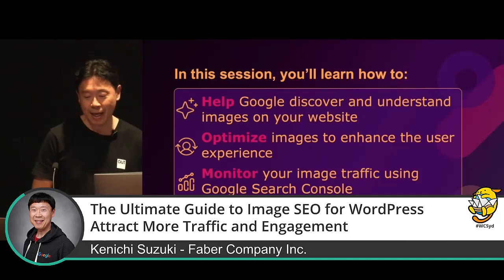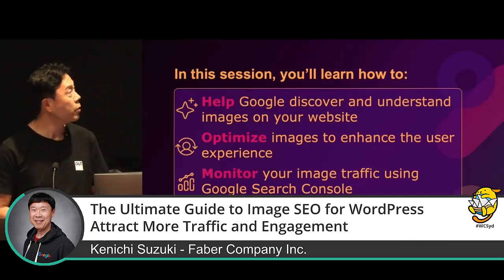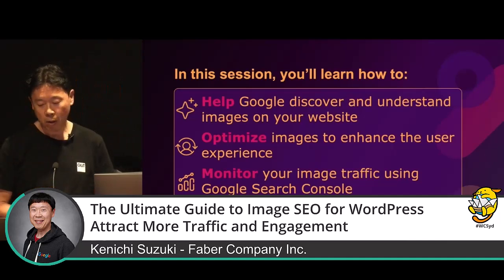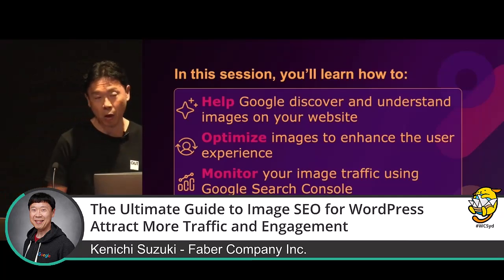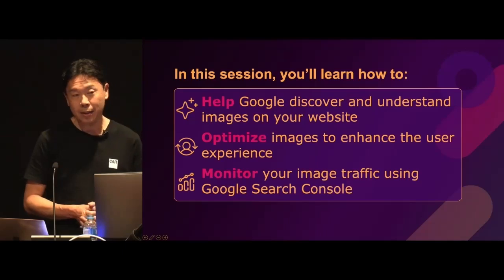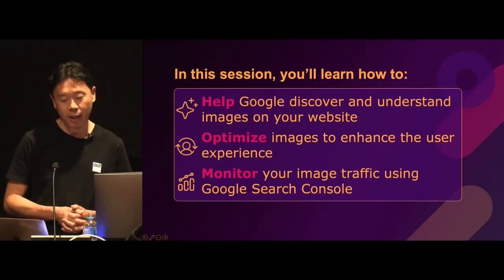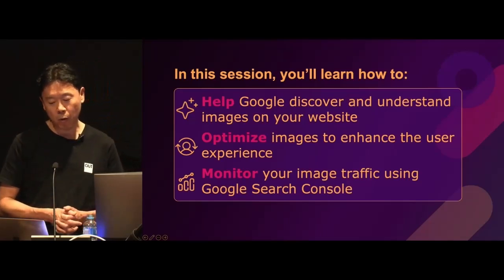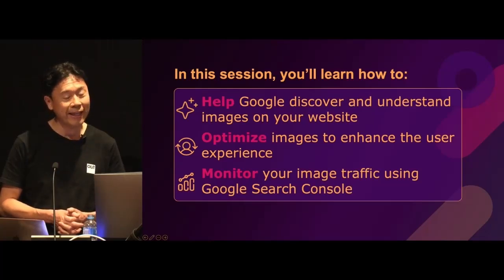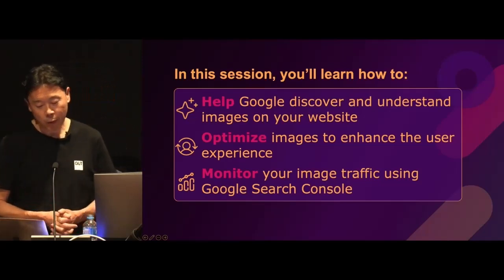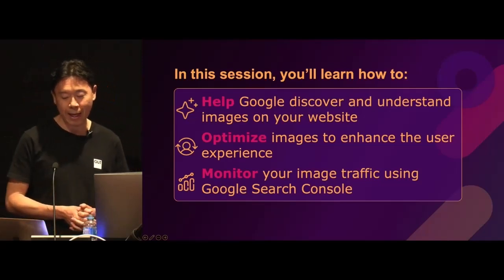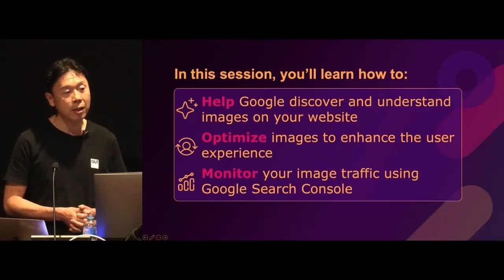Okay, let's get started. Here's what we'll cover today. First, we'll explore how to help Google discover and understand the images on your website. This is crucial for getting your images to show up in Google image search and improving your overall visibility. Next, we'll discuss how to optimize your images to enhance the user experience.